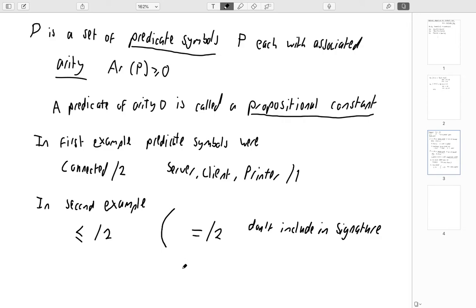So the point of the signature is to specify the particular predicates and function symbols that we have, that are not predicates and function symbols that make sense whenever you're using logic, but they are the particular ones intended to describe the situations that we want to talk about. So in the first example, devices, and in the second example, properties of numbers.